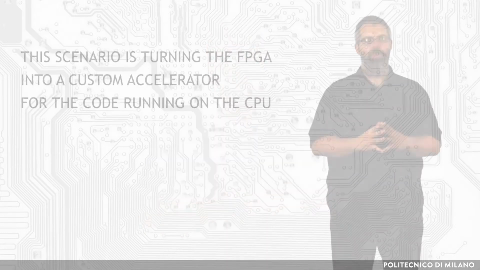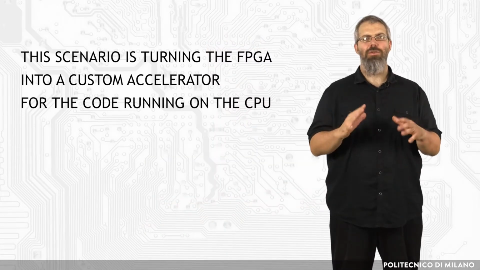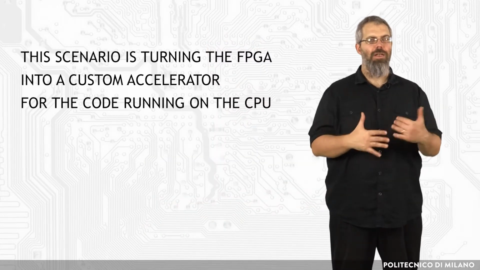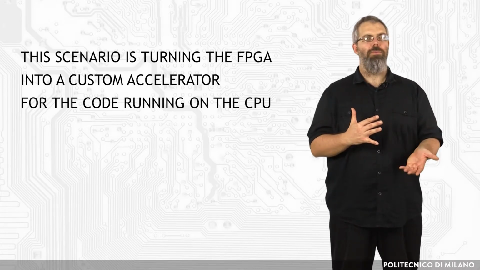Moreover, when used in cloud infrastructures, the advantages introduced by extending these infrastructures with FPGA technologies are even more clear. In the context of a cloud infrastructure, FPGAs are essentially a system-on-chip coupled with one or more host CPUs via PCI Express connection. This scenario is basically turning FPGA into a custom accelerator for the code running on the CPU.